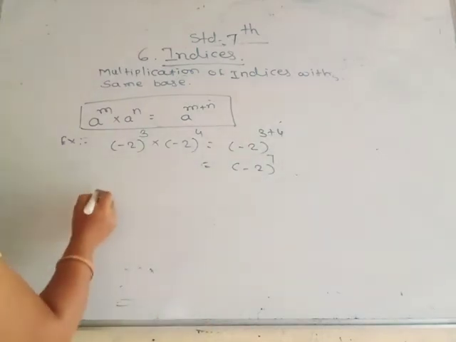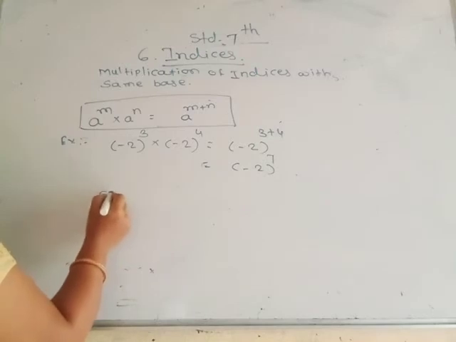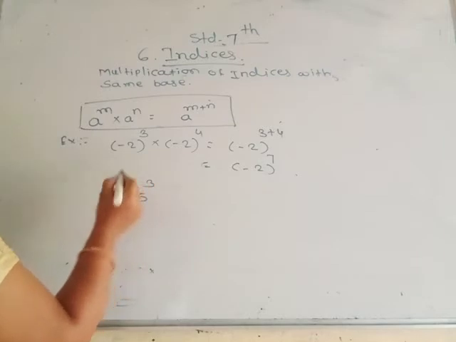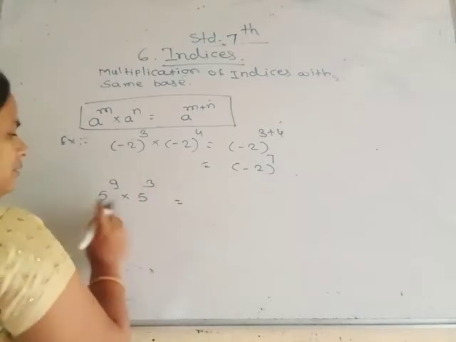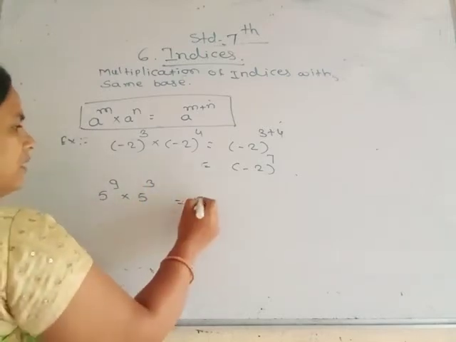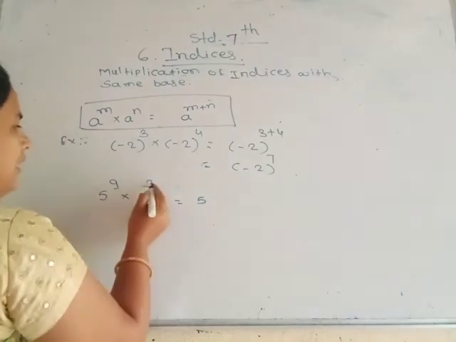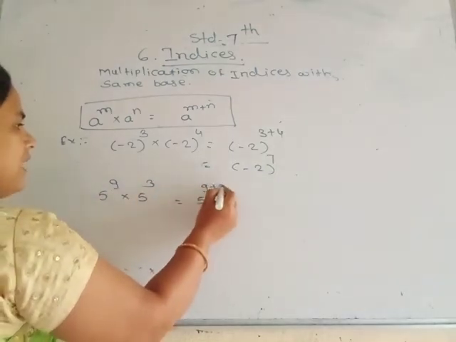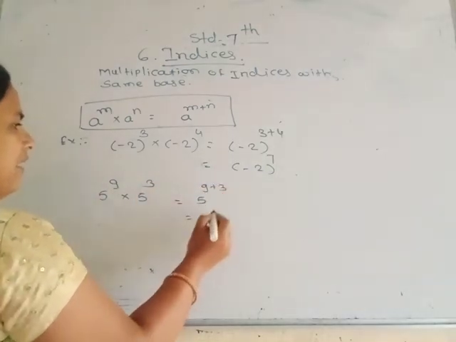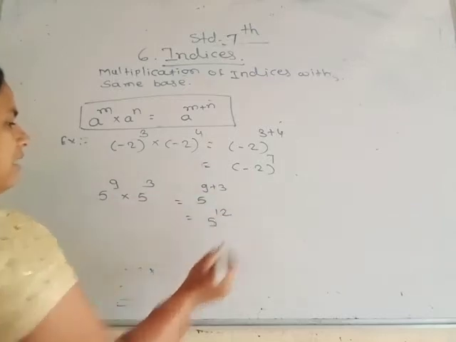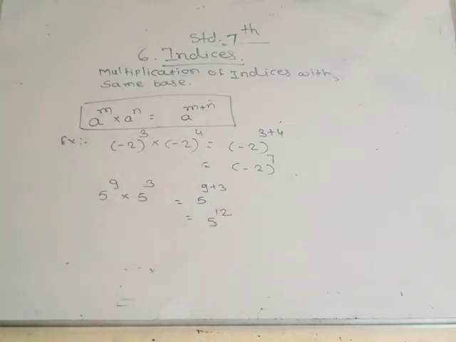Again one example: 5 raised to 9 into 5 raised to 3. Here also the base is the same, so you add 9 plus 3, which is 12. 5 raised to the power 12.